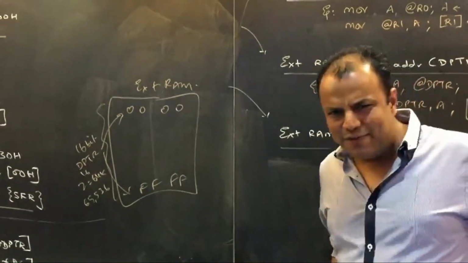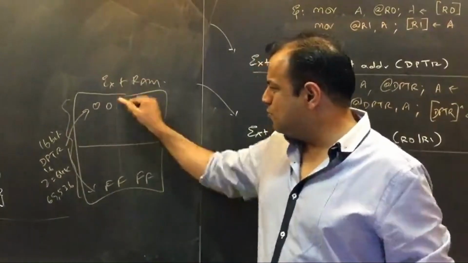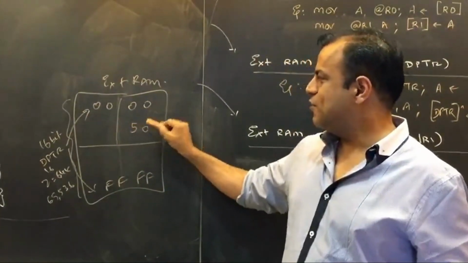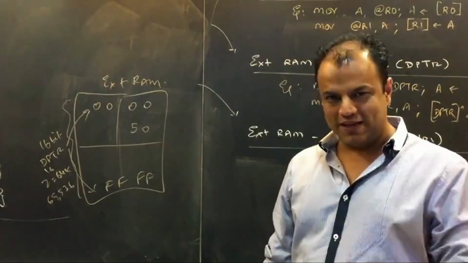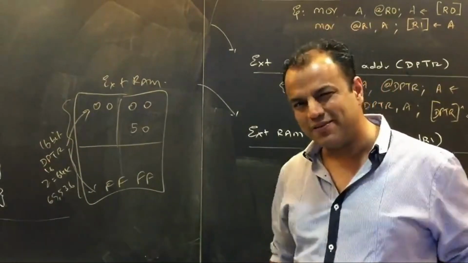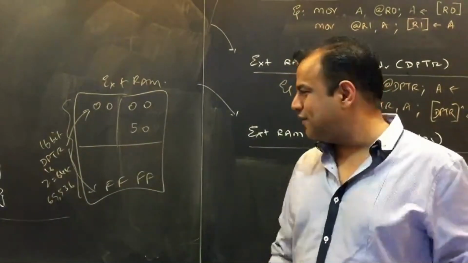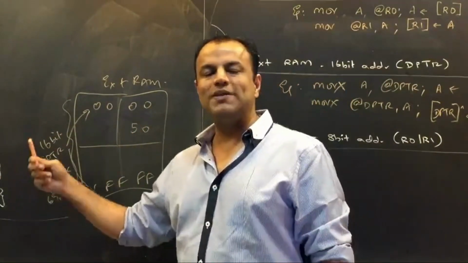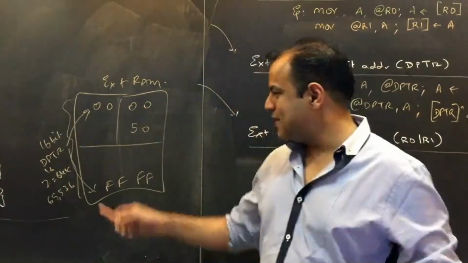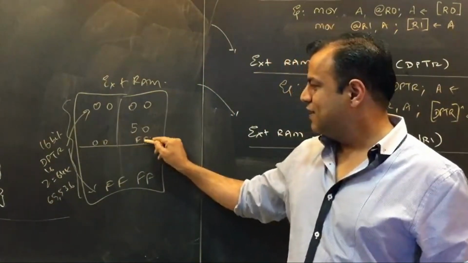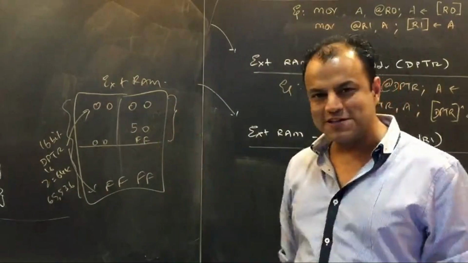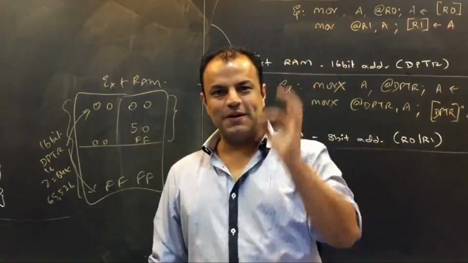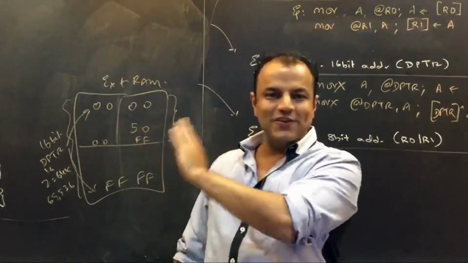But as an added feature, if you want to access location 50 of external RAM, now 50 is basically 0050. Now you don't need to give the full address. Even if you give the lower byte, the processor assumes the higher byte to be 0. So this trick can work up to 00FF. That means you can access these locations even using just an 8-bit address, assuming the higher byte to be 0.